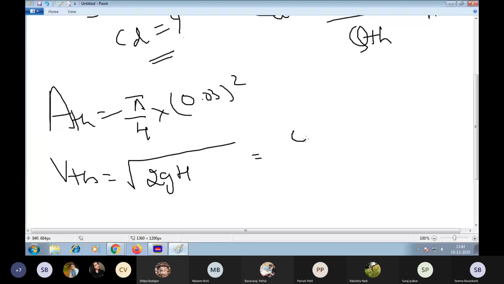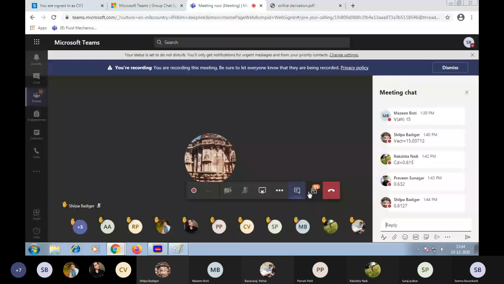That is the CD value. So all of you have got the correct answer: 0.61, 0.63 or 0.6127, approximately. So Rakshita, Praveen and Shilpa, you have got the correct answer.